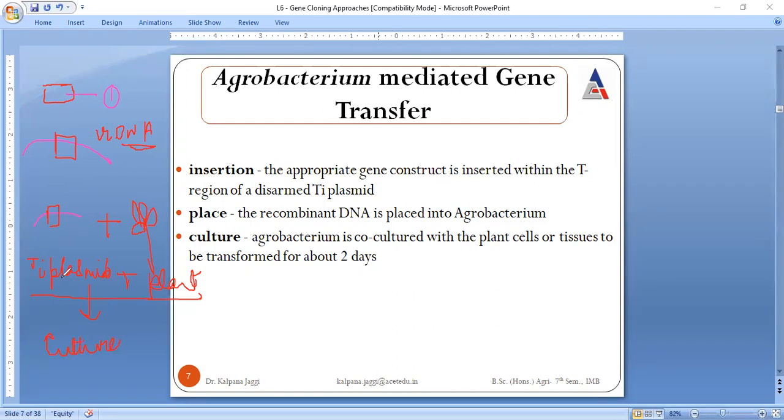You need to culture these plasmids along with the plant. Culture means you are placing it into the media, and within that media there is the presence of the plant, and when these plasmids will be attracted by the plant, then it will be easily uptaken. But you need to maintain the conditions that actually allow the transformation to take place.